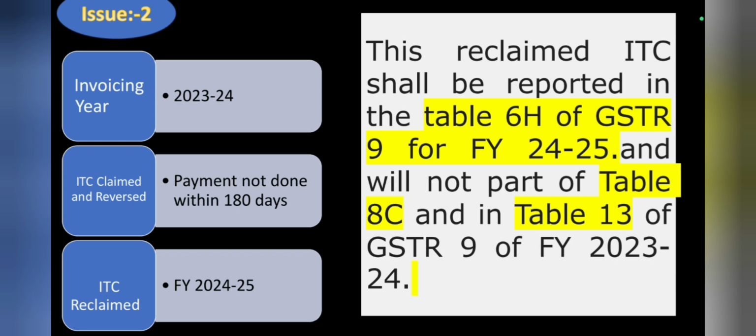We have not made the payment within 180 days, so we have to reverse this ITC in financial year 23-24 and we will reclaim this ITC in the next year. Then how to report this reclaimed ITC? This reclaimed ITC shall be part of table 6H of the GSTR 9. That should not be part of table 8C or 13.